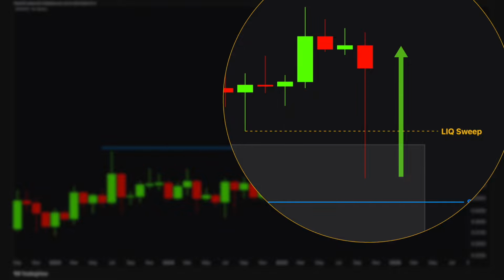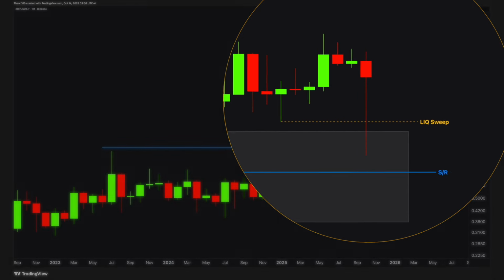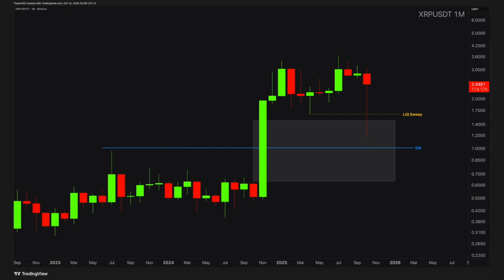A lot of people got liquidated right there. But what happened next? The market suddenly rallied like nothing we've seen before. Just look at this massive wick right here. It is just insane. Honestly, this is one of the biggest manipulations we have ever seen in the market recently.